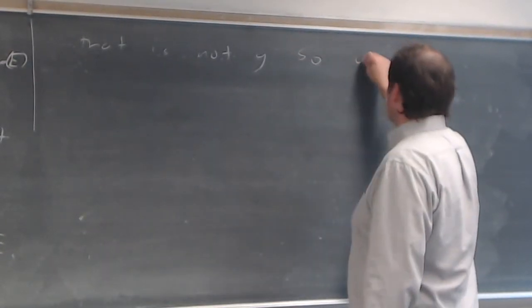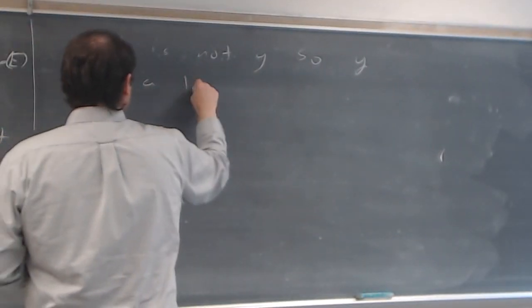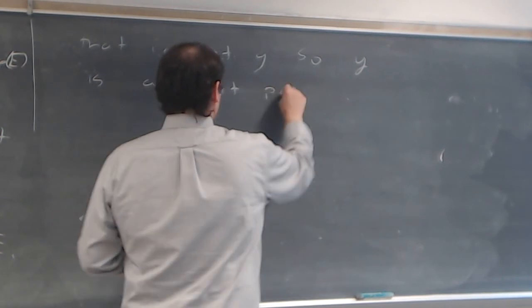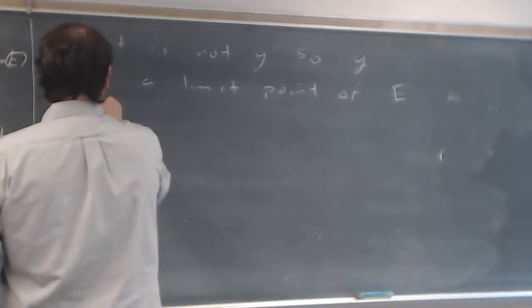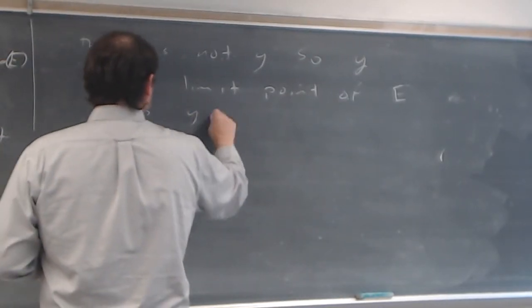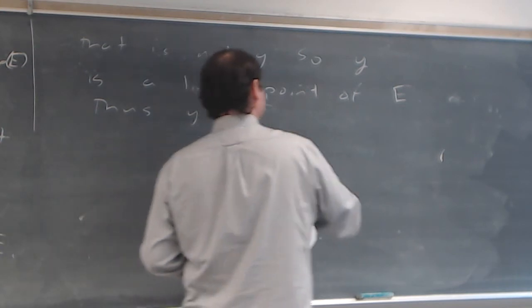So that says y is a limit point of E. Thus, y is an element of E closure.